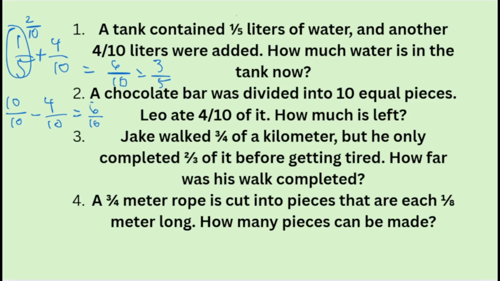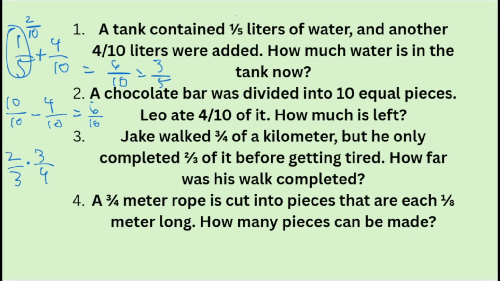Jake walked 3/4 of a kilometer, but he only completed 2/3 of it before getting tired. How far did this walk get completed? Okay, so we know that this doesn't make sense. I think he planned to walk 3/4 of it. Okay, 3/4. We're trying to look for 2/3 of 3/4. So this is multiplication again.